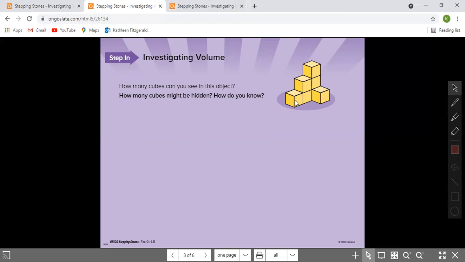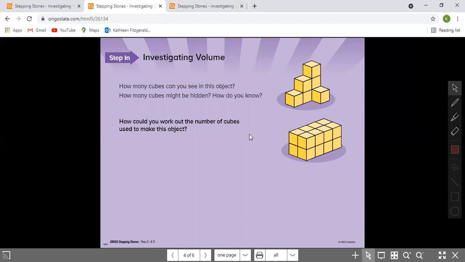So we've got 1, 2, 3 plus another one is 4. And our second row is 2, and our third row is 3. So it's not a rectangular prism. So we can't use our formula of volume equals length times width times height to calculate it. We would have to calculate each of those layers separately.